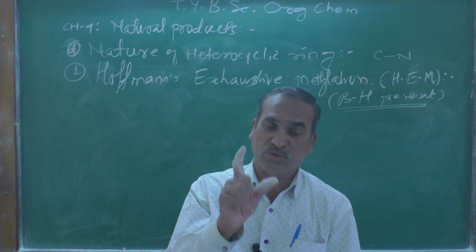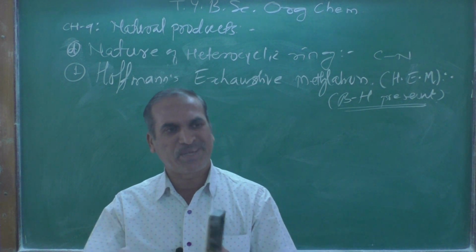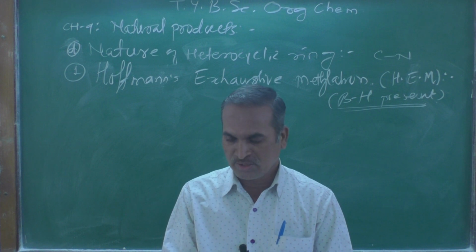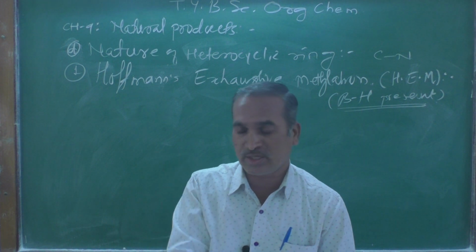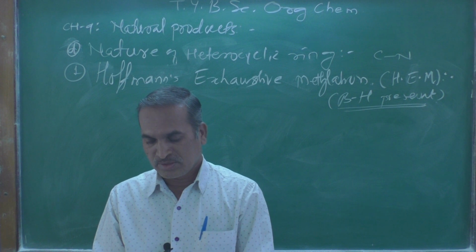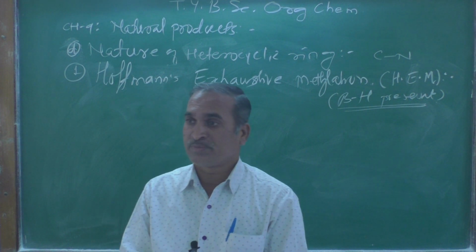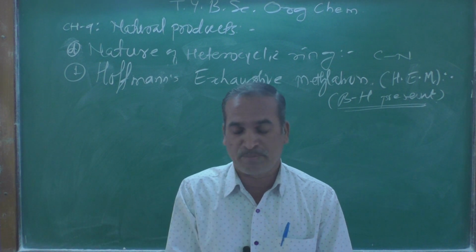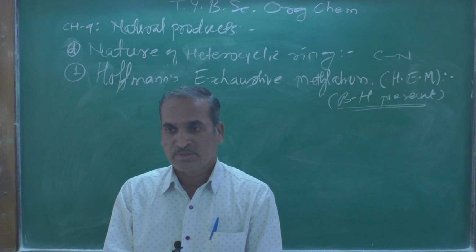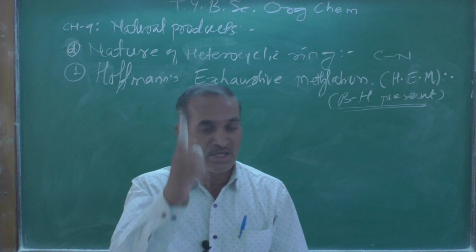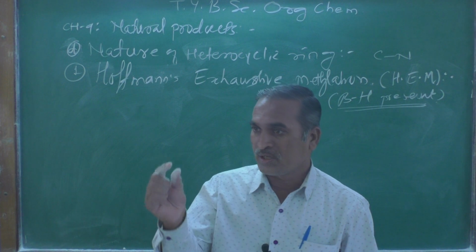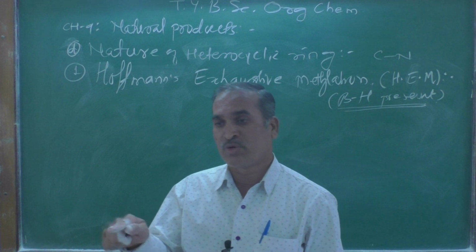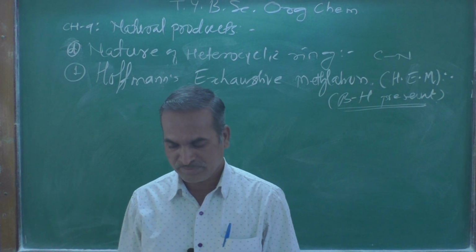The given heterocyclic compound is completely saturated with the suitable reagent, and after getting a saturated compound, that compound is further treated with excess amount of methyl iodide. After doing this, the resulting compound formed is a quaternary ammonium iodide. That is the first point.